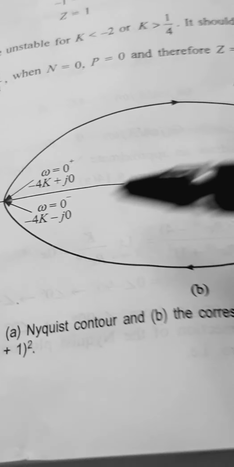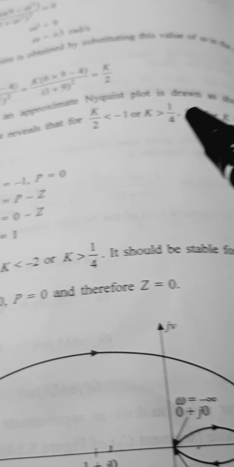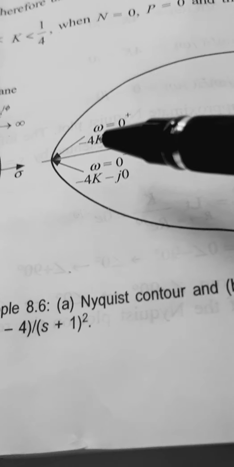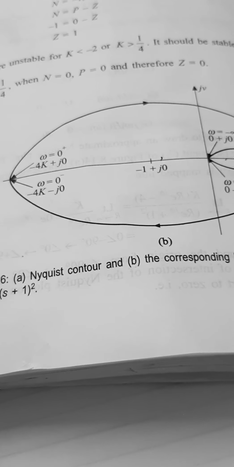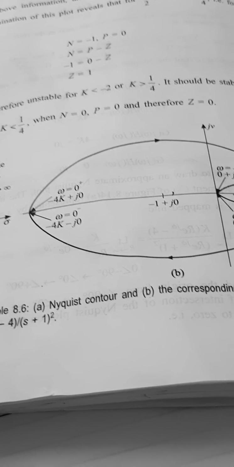So here the k value, this end should be beyond this only. It should not come to this side. So here, when k is greater than 1 by 4, k is greater than 1 by 4 means, suppose k is equal to 1 by 2.